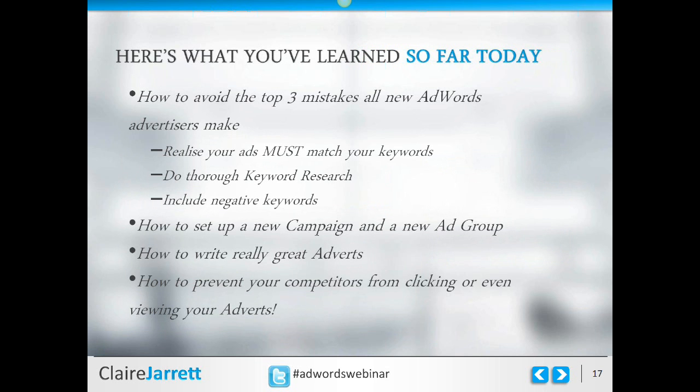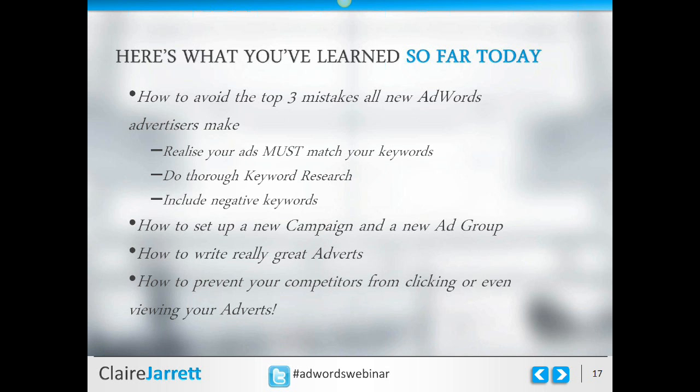Here's what you've learned so far today. You've learned how to avoid the top 3 mistakes that all new advertisers make, and realizing that your adverts must match your keywords. You need to do thorough keyword research, and you must include negative keywords to stop yourself from wasting cash. I then showed you how to set up a new campaign and a new ad group so that it matched the keyword.